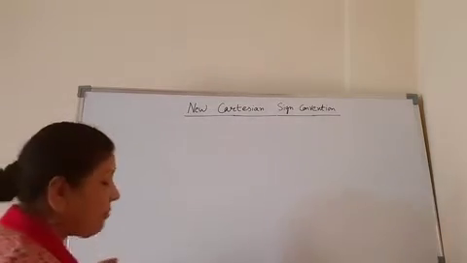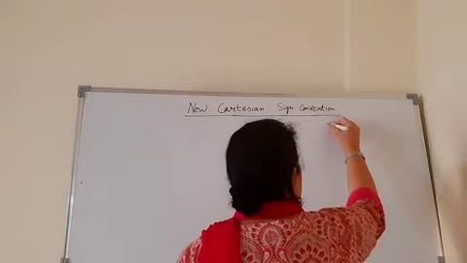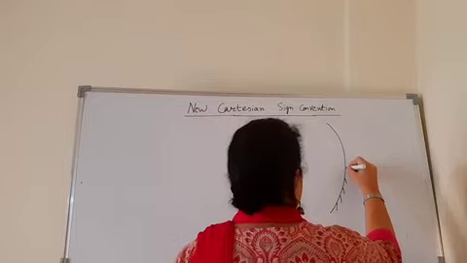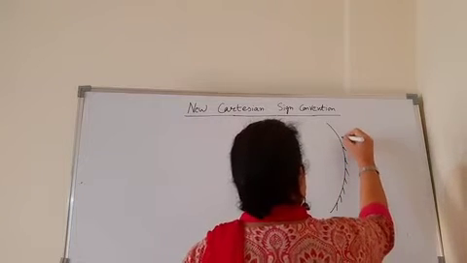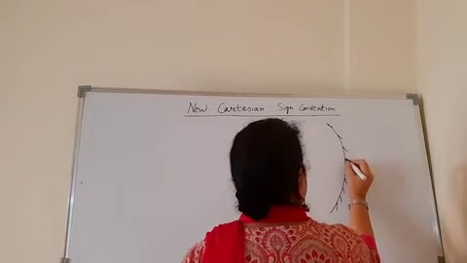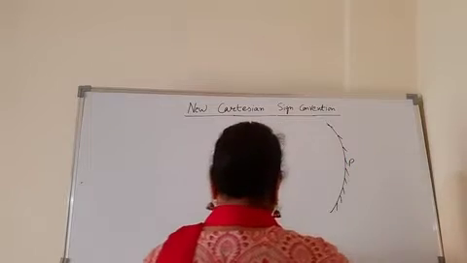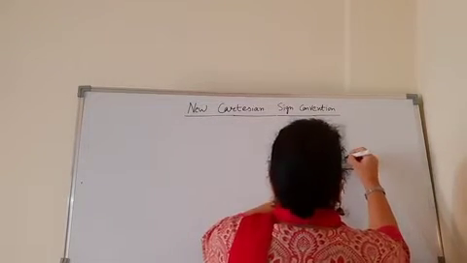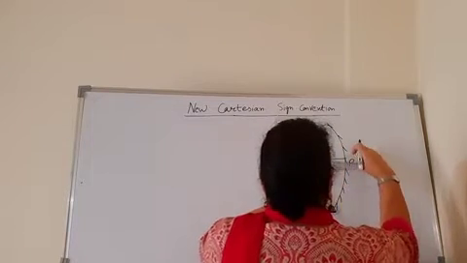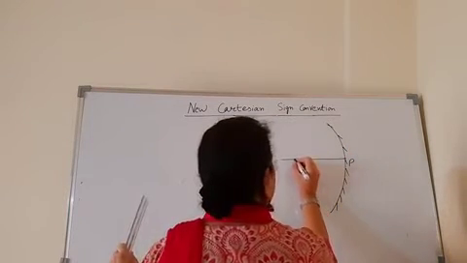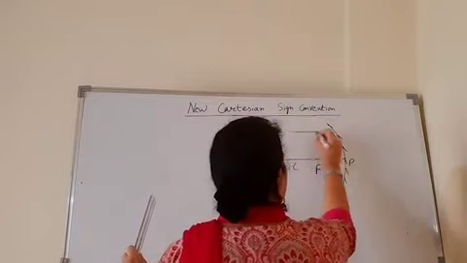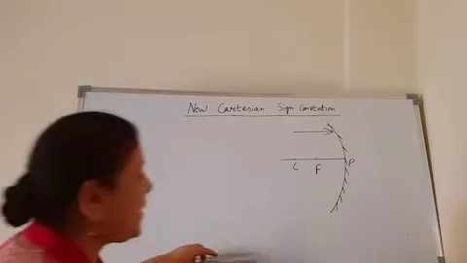If we have a concave mirror here, and say this is the P, the pole, we have the center of curvature, say it's here, and the F here. The direction of the incident ray is this.